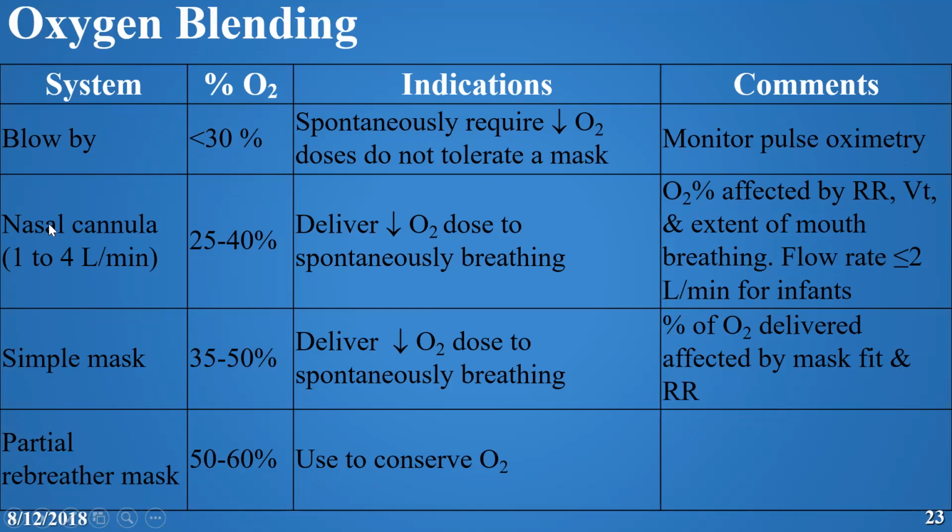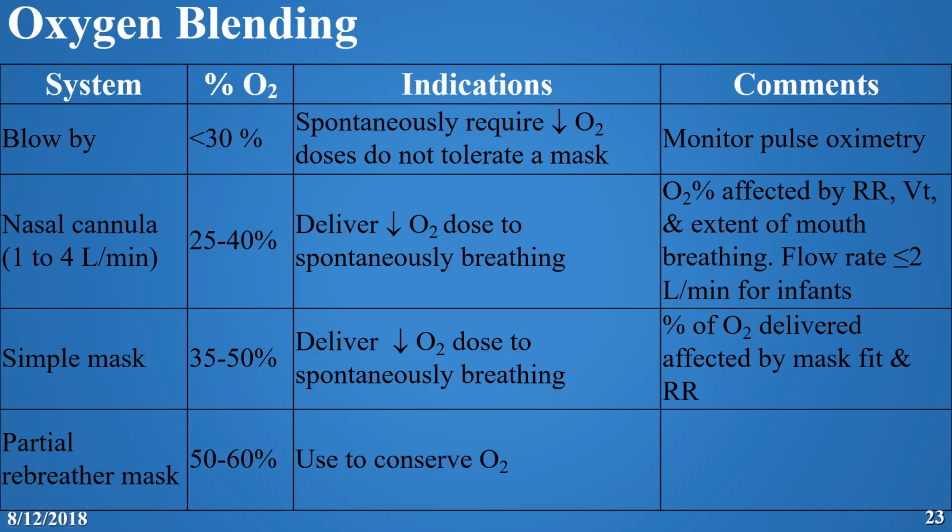If we give nasal cannula and we put the flow from 1 to 4 liters per minute, it gives us 25 to 40% oxygen. However, when the baby is breathing spontaneously, the percentage of oxygen can be decreased.